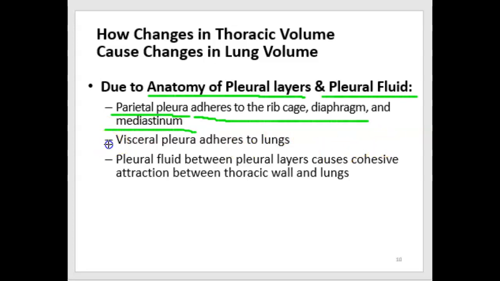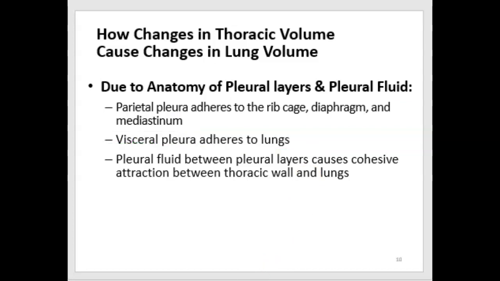The visceral pleura, in contrast, the second layer, is deeper, and it adheres to the lungs. So you've got this two-layered membrane between the thoracic wall and the outside of the lungs, and they are linked by a space called the intrapleural space in which there's fluid.